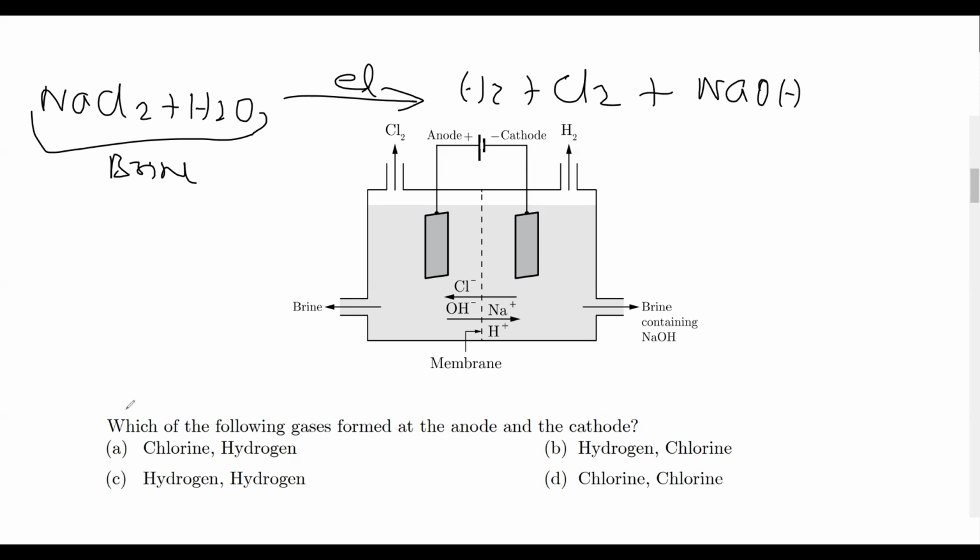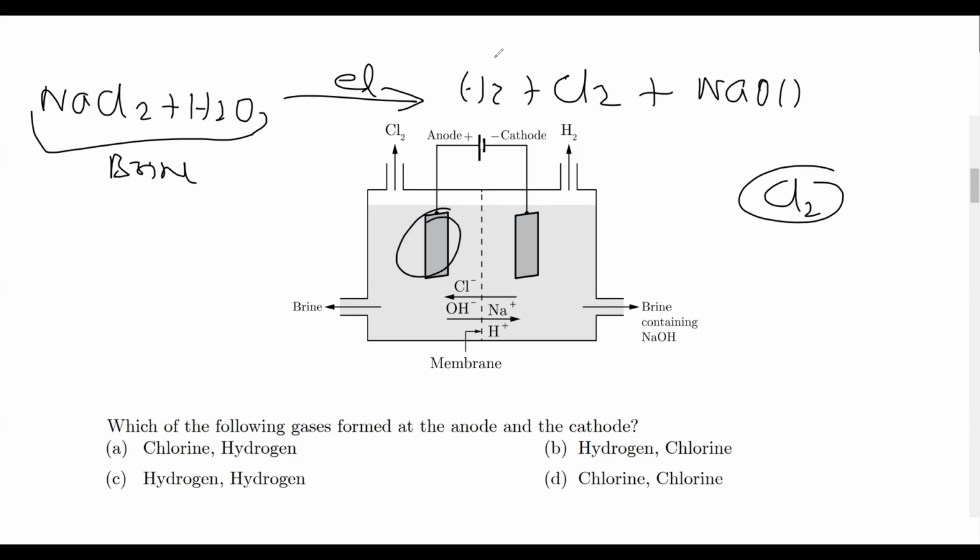Now, the question here is which of the following gases is produced at anode and at cathode? Anode is the positive terminal of the battery, and you should know that at the positive terminal, negative charge ions are produced. That means chloride ions will be produced, but we have to answer in terms of gas. So it should be chlorine gas here.